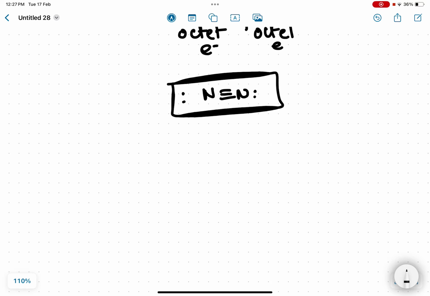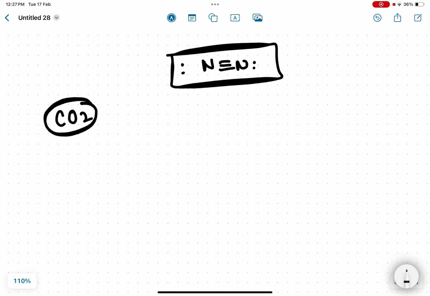I would like to give one more example where we can see a central atom also. So in the first step, let's calculate valence electrons: 4 of carbon and 6 into 2 of oxygen. So total 16 electrons.